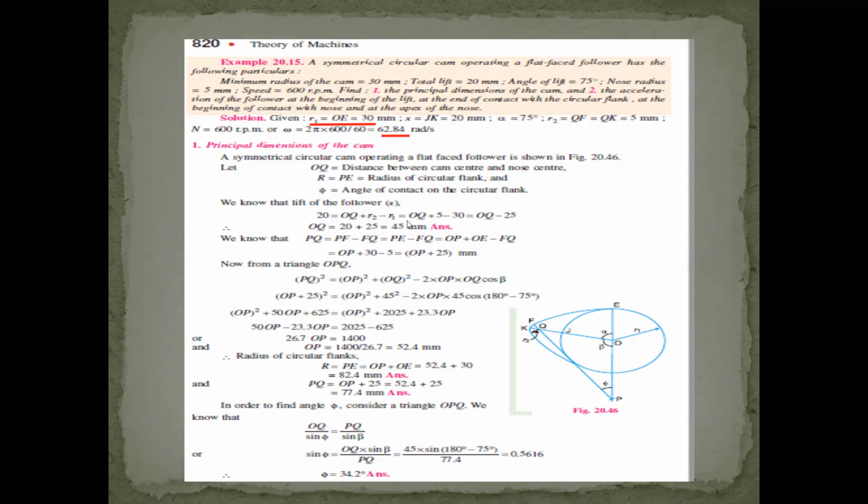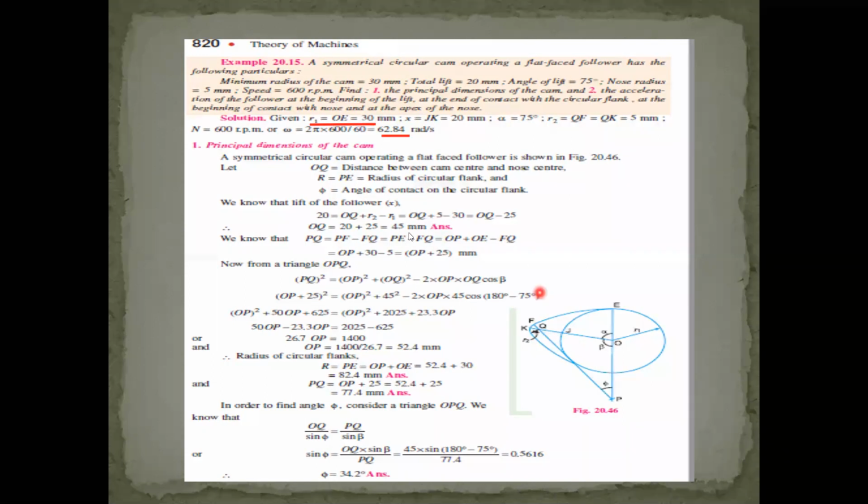Am I right with the equation? OQ is the gap, and OQ plus R2 is the nose. So OQ plus R2 minus R1 is our lift of the follower.